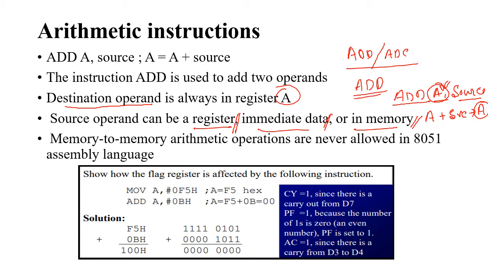So in the case of the add instruction, one limitation is that you cannot use ADD 40h comma 50h. This is not allowed.